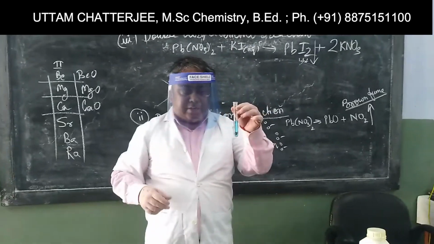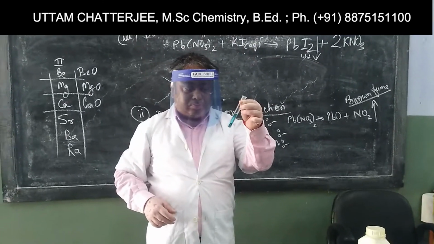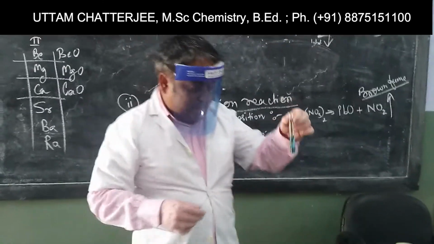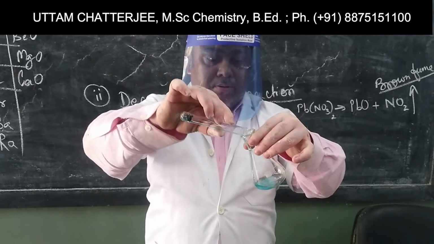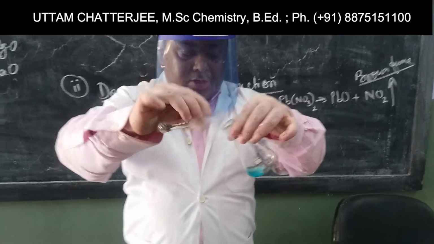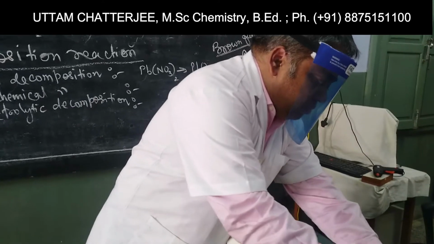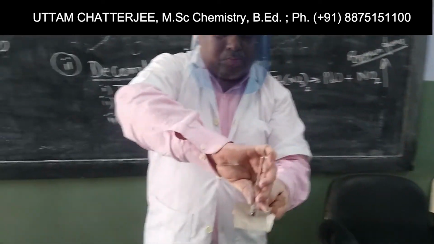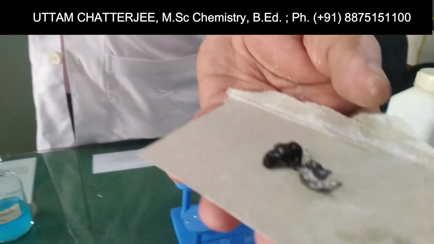So displacement reaction has taken place now. So what we will do is we will take it out, we will pour this liquid here, and the way I was showing this to you earlier, in the same way again I can show you this. Now see, the copper deposition has taken place on the zinc.